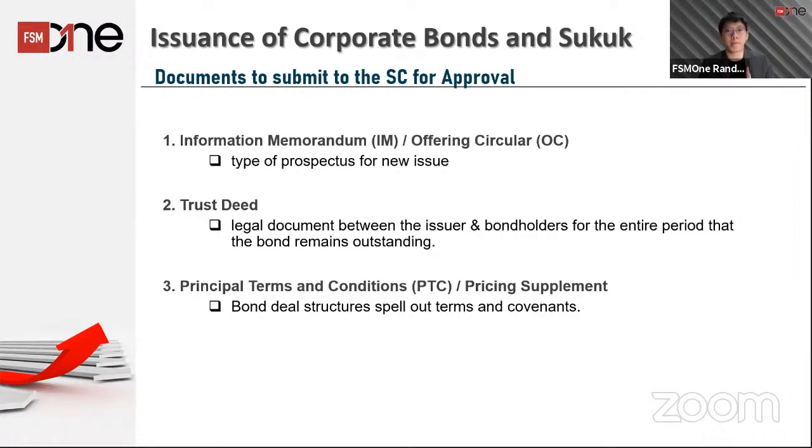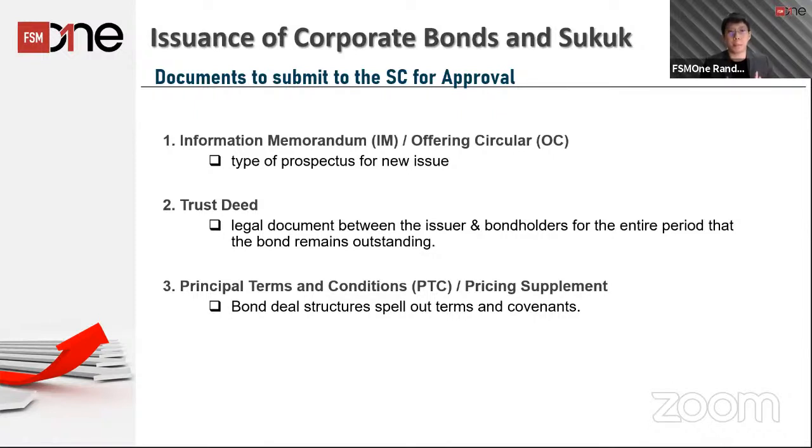But the document circulating among the investors is the so-called prospectus. The prospectus is the document that entails all the deal structure and the most relevant information regarding the company. Same goes for bonds.